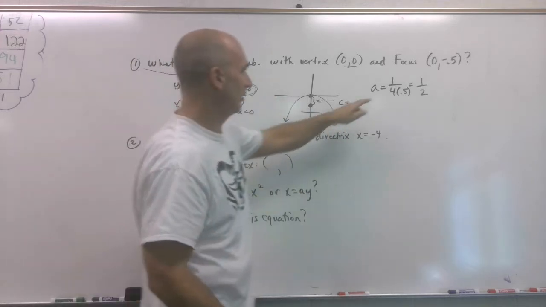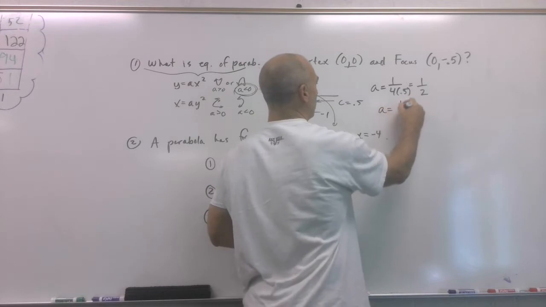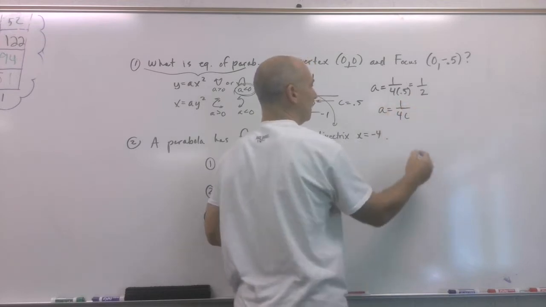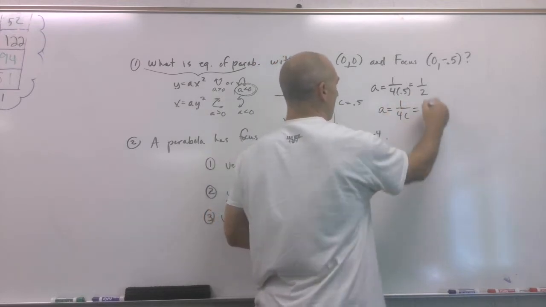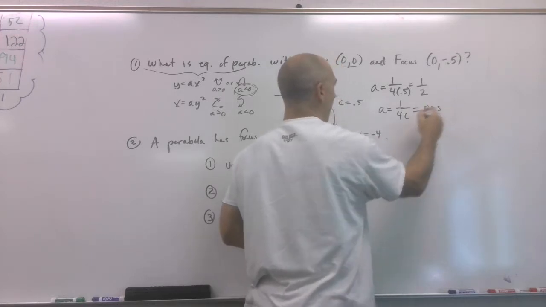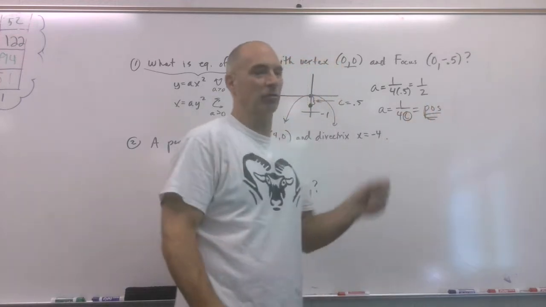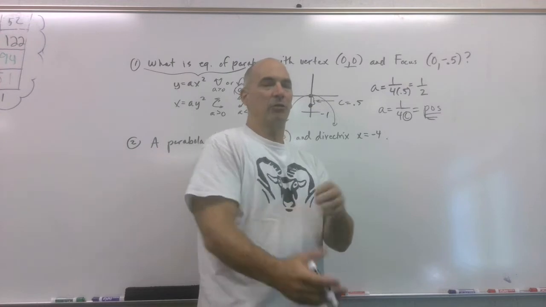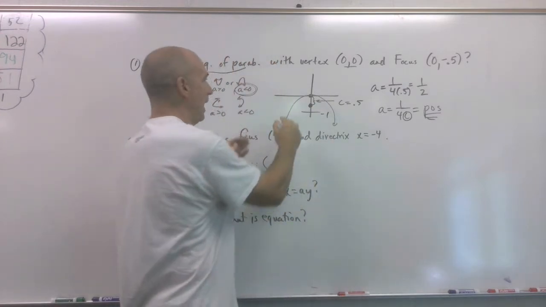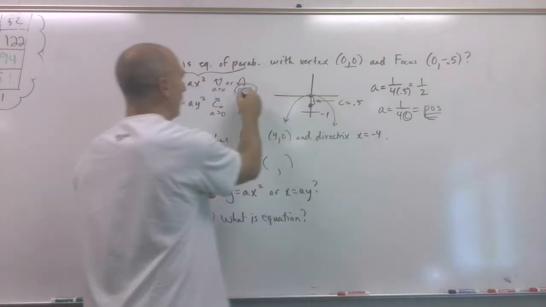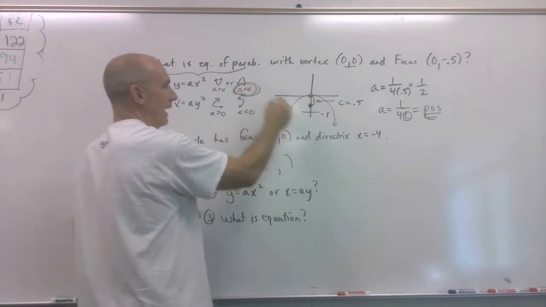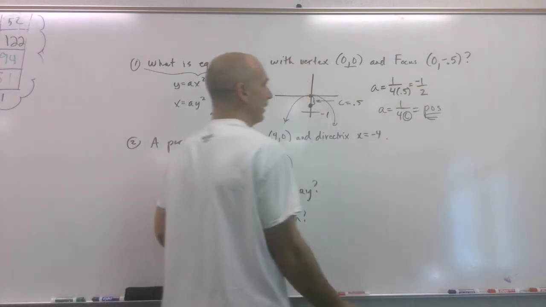Now notice this formula, A equals 1 over 4C, will never give you a negative. It will always be positive because C is a distance. It's a tricky formula in this way. So you have to look at it and think, aha, it's upside down. So that means A is negative. So I have to make that adjustment to put a negative in there.